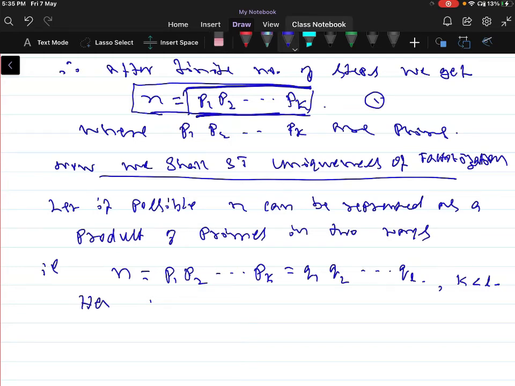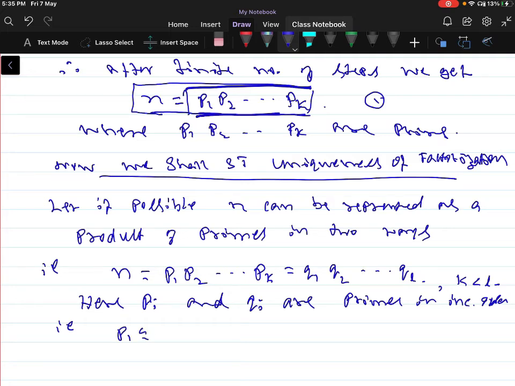Here pi and qi are primes in increasing order, that is p1 less than or equal to p2 less than or equal to p3 and so on up to pk, and q1 less than or equal to q2 and so on up to ql.